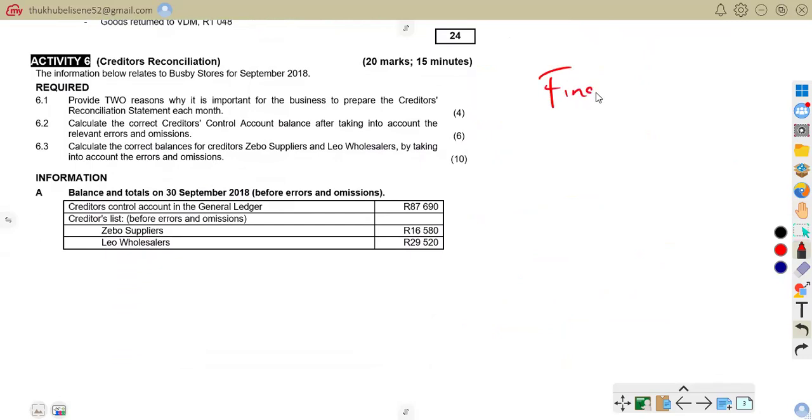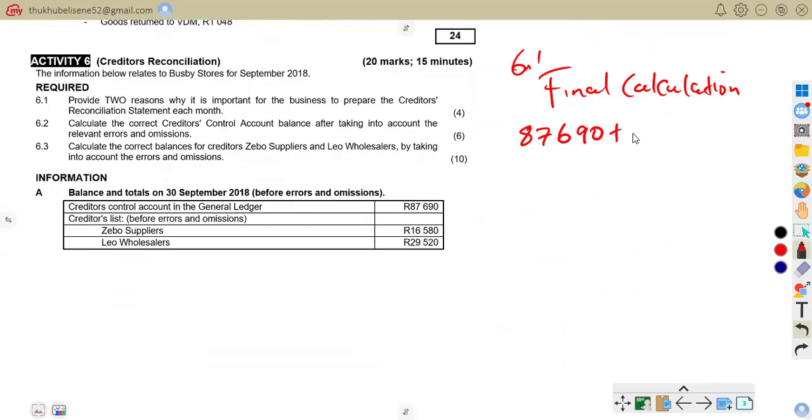We are to have our final calculation on 6.1. Remember, we are still on 6.1. So our final calculation, this is where we're going to start with 87,690. Remember, that is the amount, the starting balance.